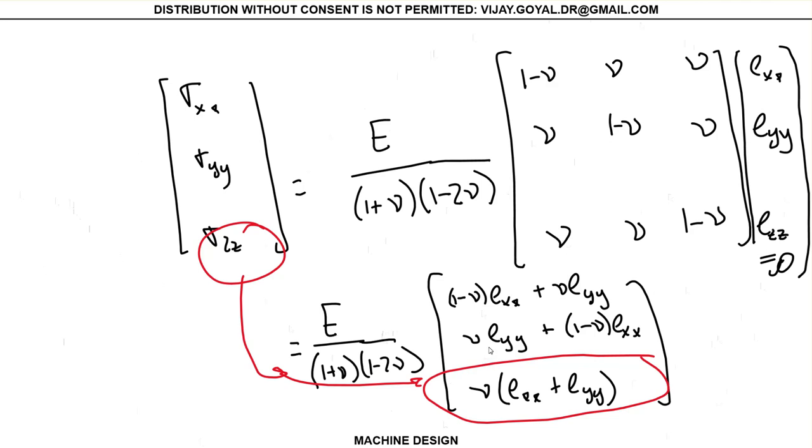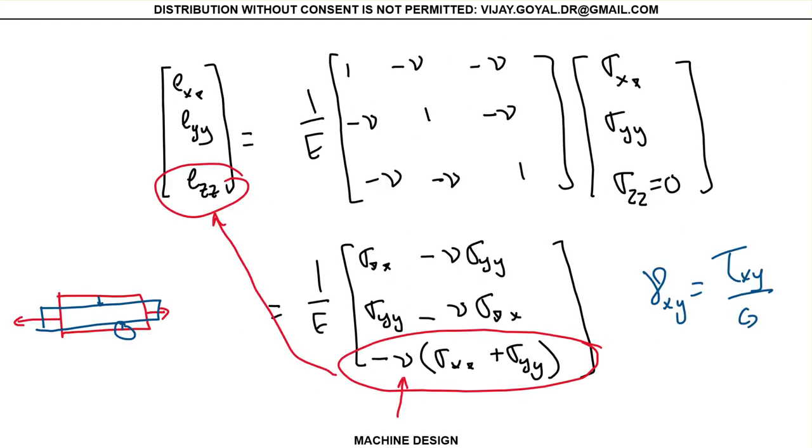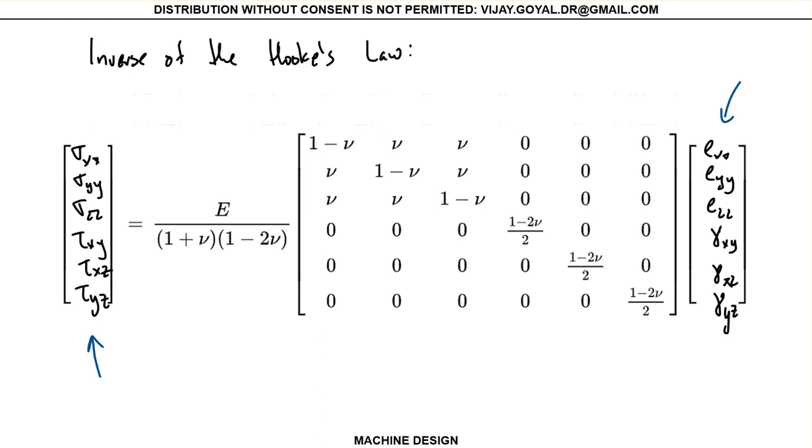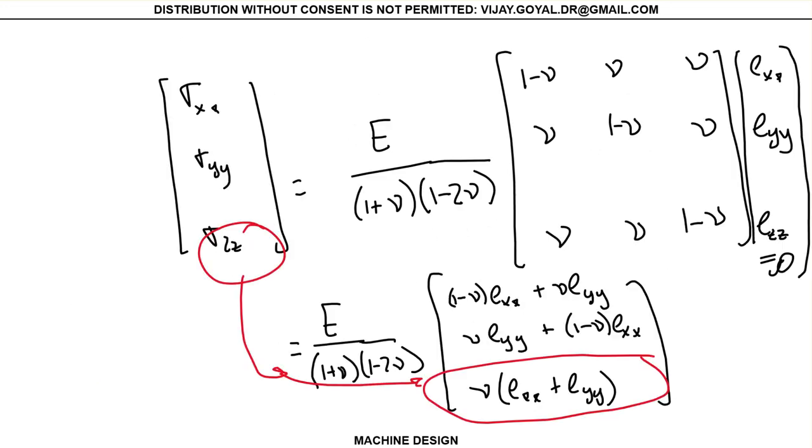When we know the problem is plane stress, then we need to use this form of the equation, which is nothing else than your standard form. For a plane strain problem, this is the type of equation that I'm actually using to solve for this. So this concludes our discussion on plane strain.